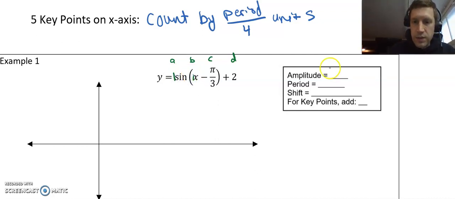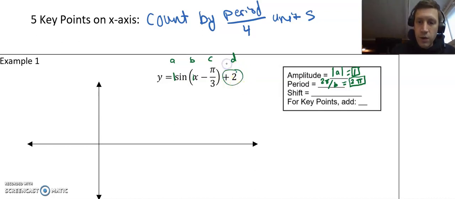So my amplitude is the absolute value of a, which is just 1. My period is going to be 2 pi over the absolute value of b, which is 2 pi over 1, which is just 2 pi. All right, so there's my amplitude. There is my period. Shifting, plus 2 indicates I'm going to go up 2.